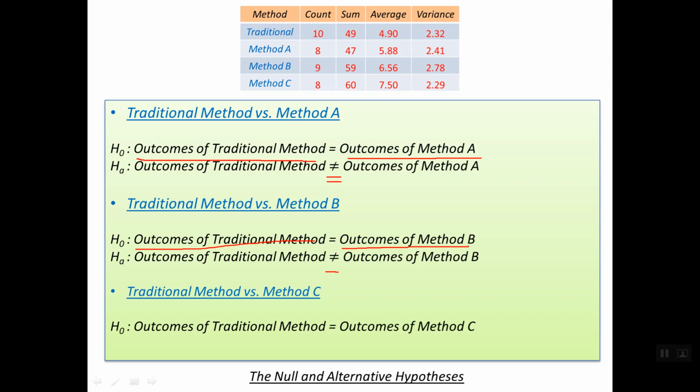And for the last comparison, between the traditional method and method C, the null hypothesis states that the outcomes of the traditional method are equal to the outcomes of method C, and the alternative states that they are not the same. So these are the null and alternative hypotheses we need to test for this Dunnett test.